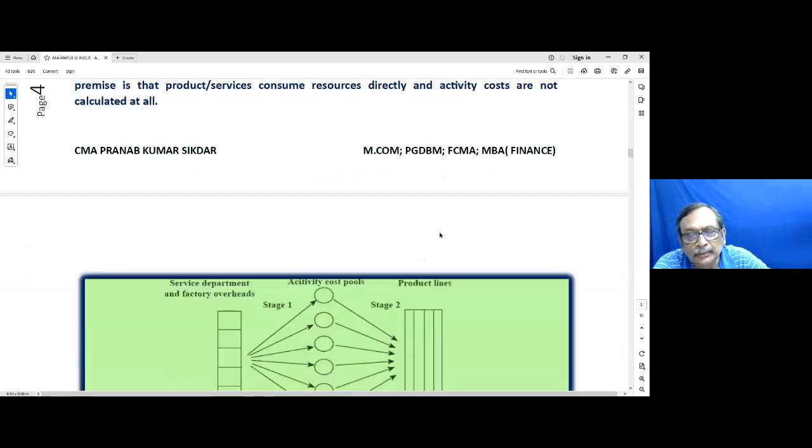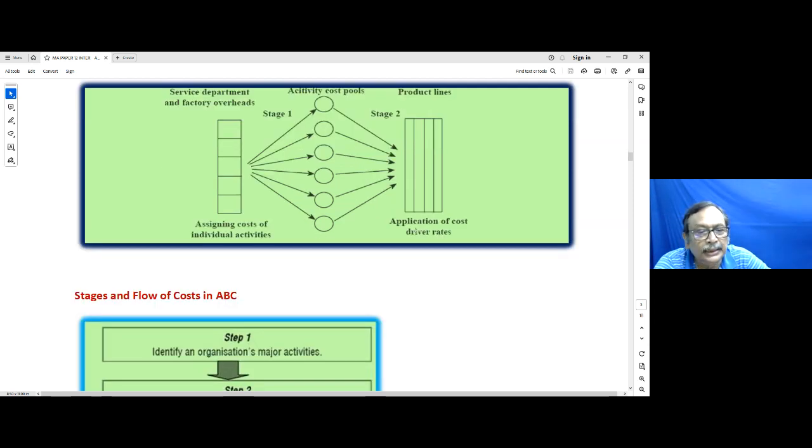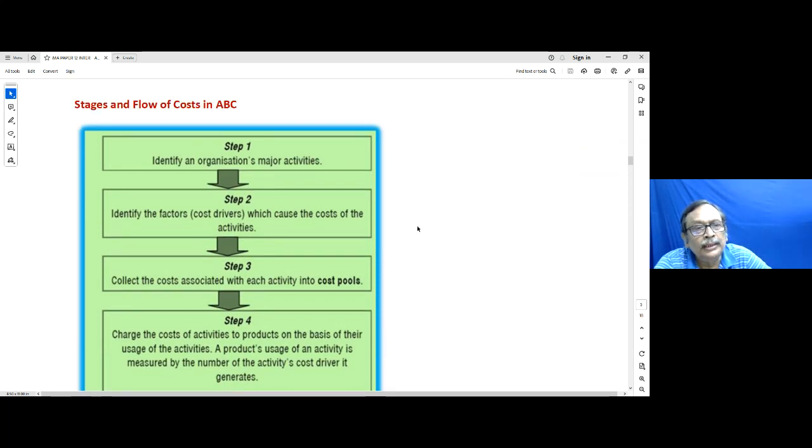So service department and factory overheads, assigning cost to individual activities, then there is creation of activity pools, that is coming under stage 1, and under stage 2, calculating the cost driver rates, we are going to charge the overheads to different products or product lines. Now, stages and flow of cost in ABC.